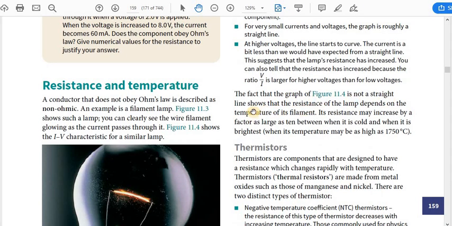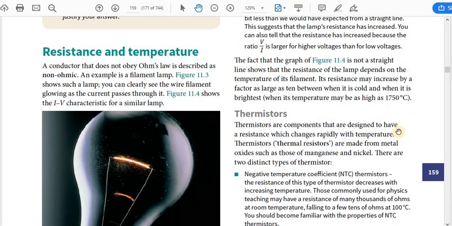It shows that the resistance of the lamp depends on the temperature of its filament. Its resistance may increase by a factor as large as 10 between when it is cold and when it is brightest, when its temperature may be as high as 1750 degrees Celsius. So the higher the temperature, the greater the resistance for a material.